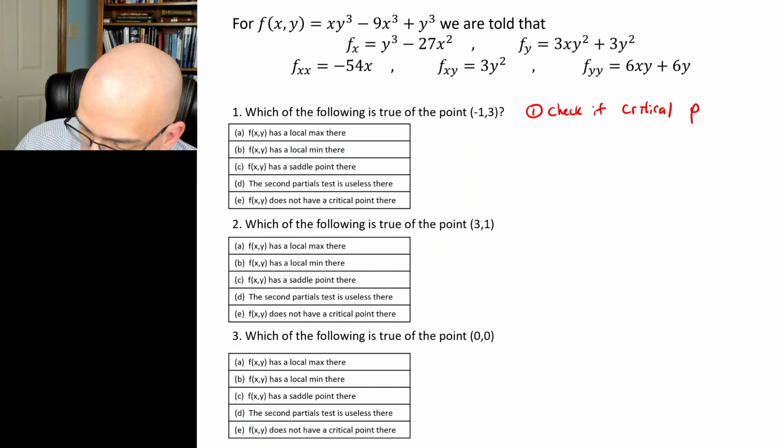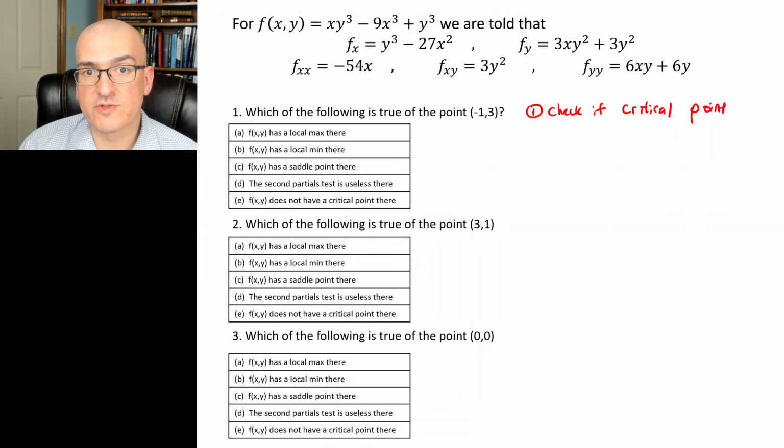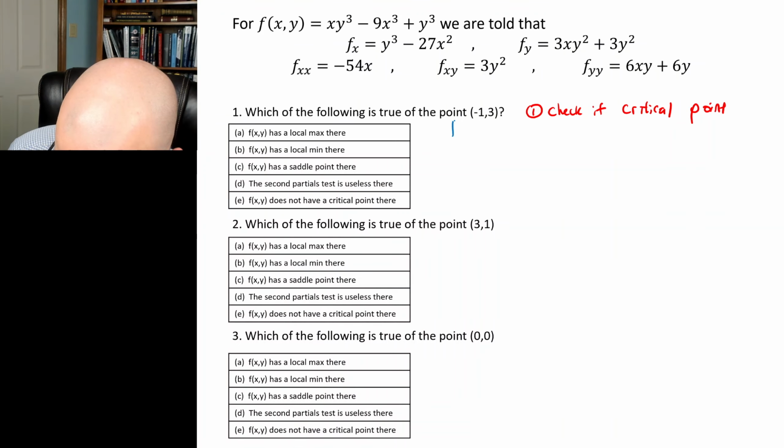So what I'm going to do is plug it in to fx and fy. Make sure the first derivatives are 0 there. Because that's how we found it, right? F sub x at -1, comma 3 is equal to 3 to the 3 minus 27 times -1 squared, which is 27 minus 27, which is 0.